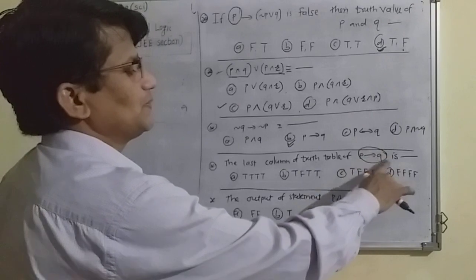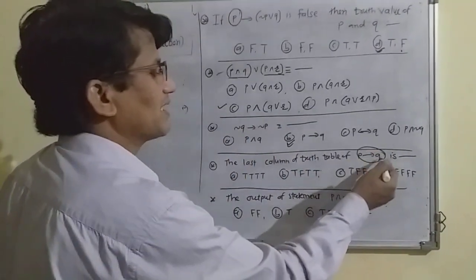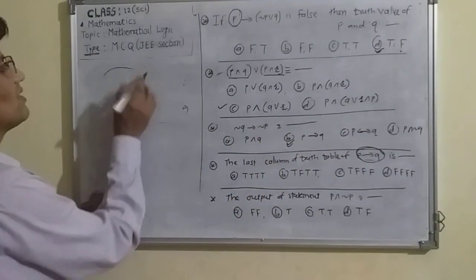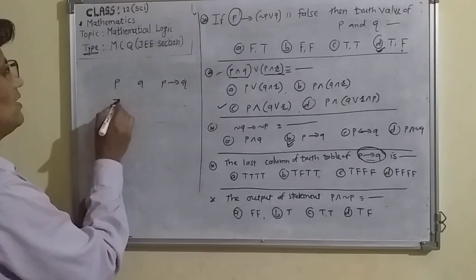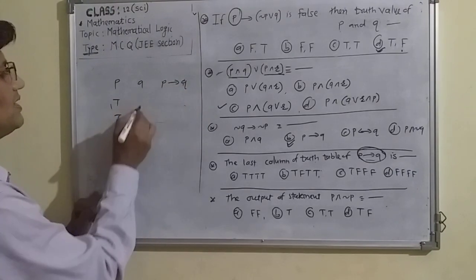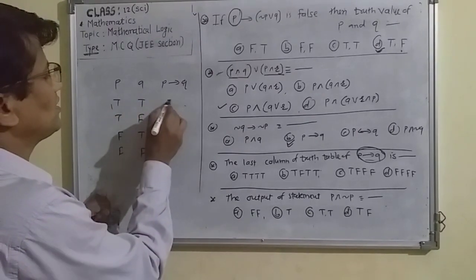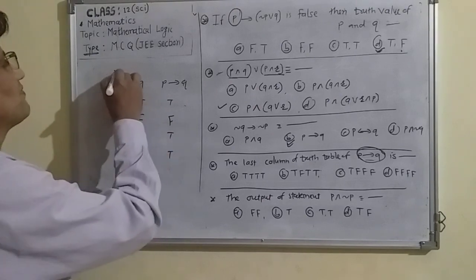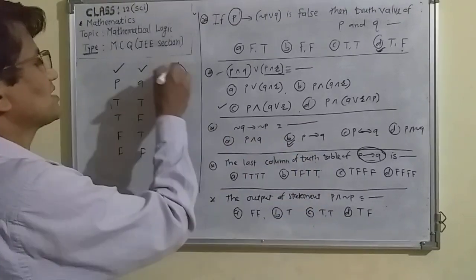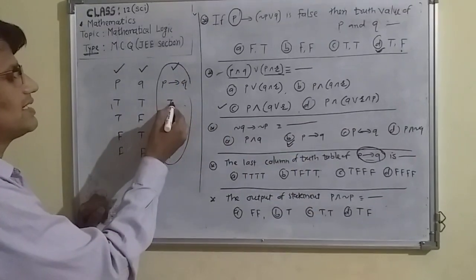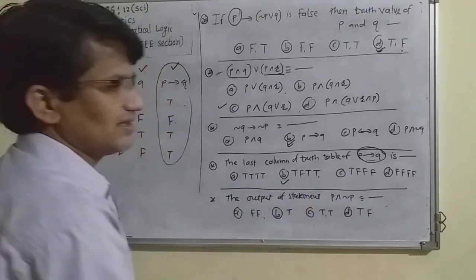We must know the truth table of the whole statement, and for implication, suppose this is the statement P, Q, P implies Q. For T and F the result is F, otherwise all are T. Column number first, second, third. The question asks for the last column, which has entries F, T, T, in the order T F T T. So answer B is correct.